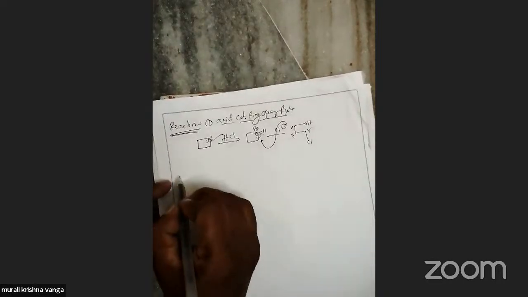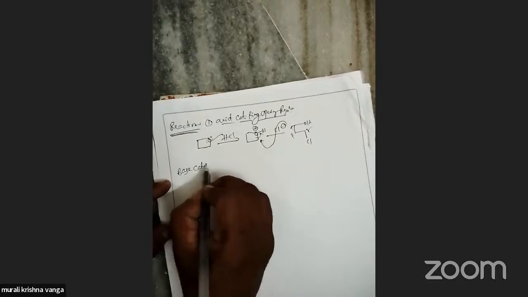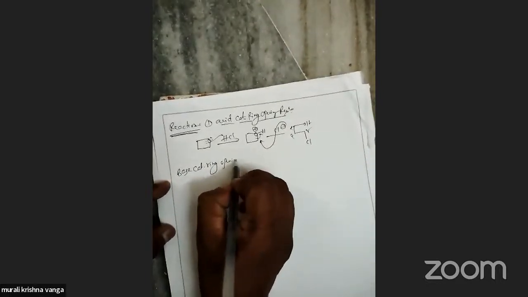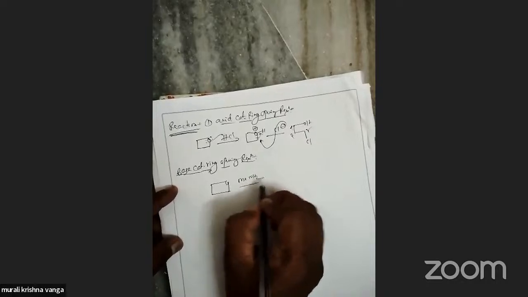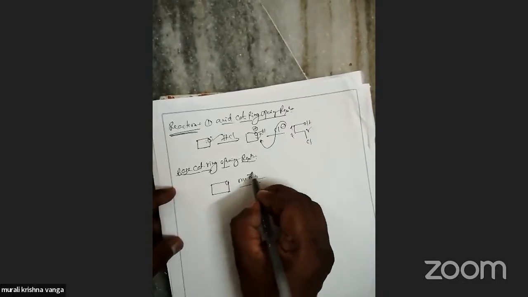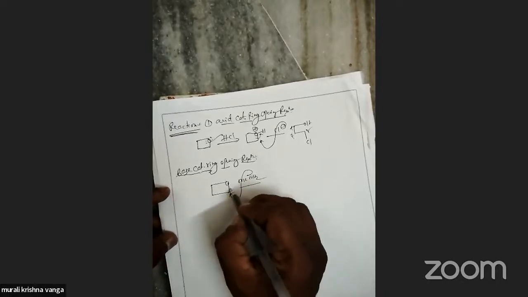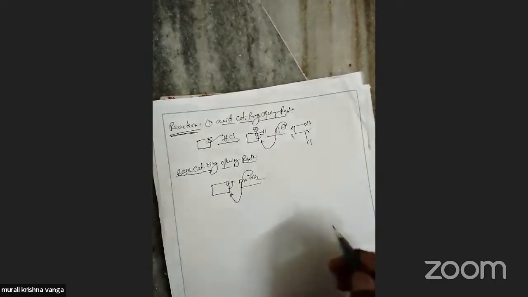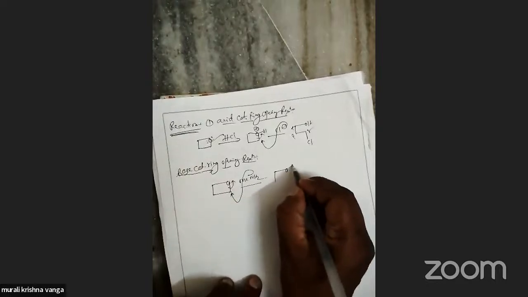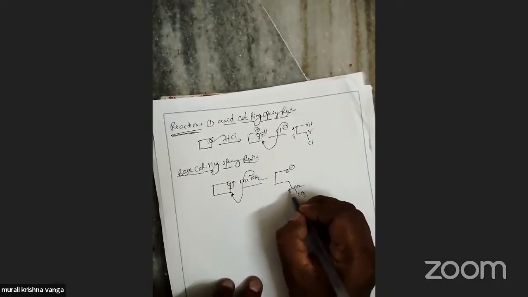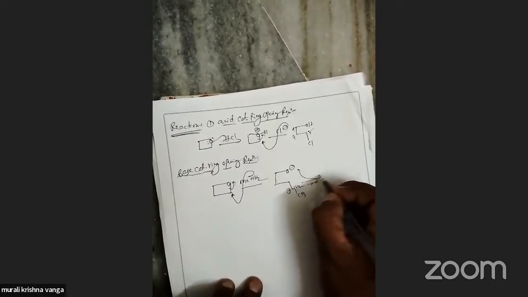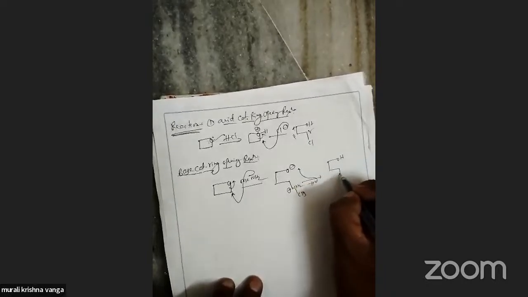When oxetane reacts with a base, I have taken methylamine. The lone pair of electrons on the nitrogen in the amine is donated to the carbon attached to oxygen. The sigma bond between oxygen and carbon shifts to the oxygen side, so oxygen gets a negative charge, and the carbon attached to NH2CH3 bears a positive charge. Then a proton is eliminated and attacks here, and the product is formed. This is the base catalyzed ring opening reaction.